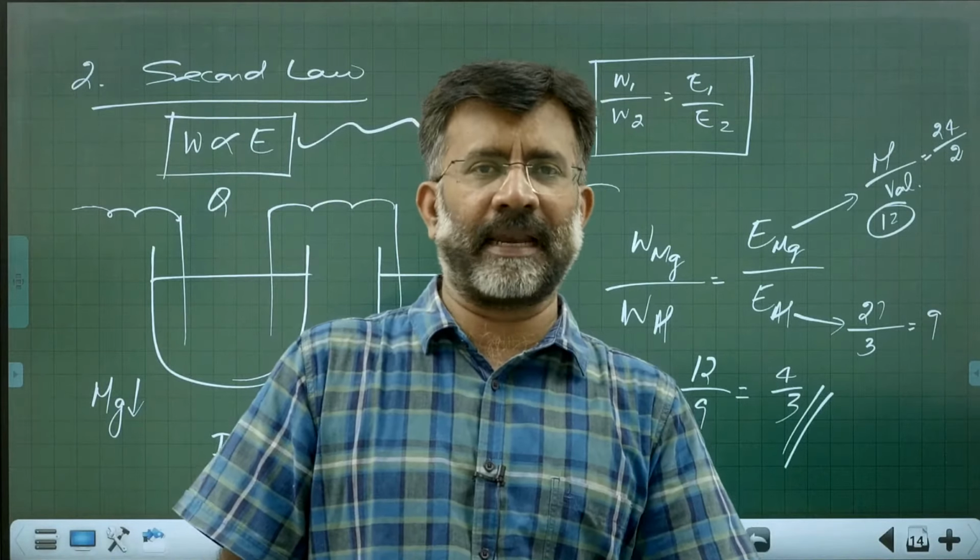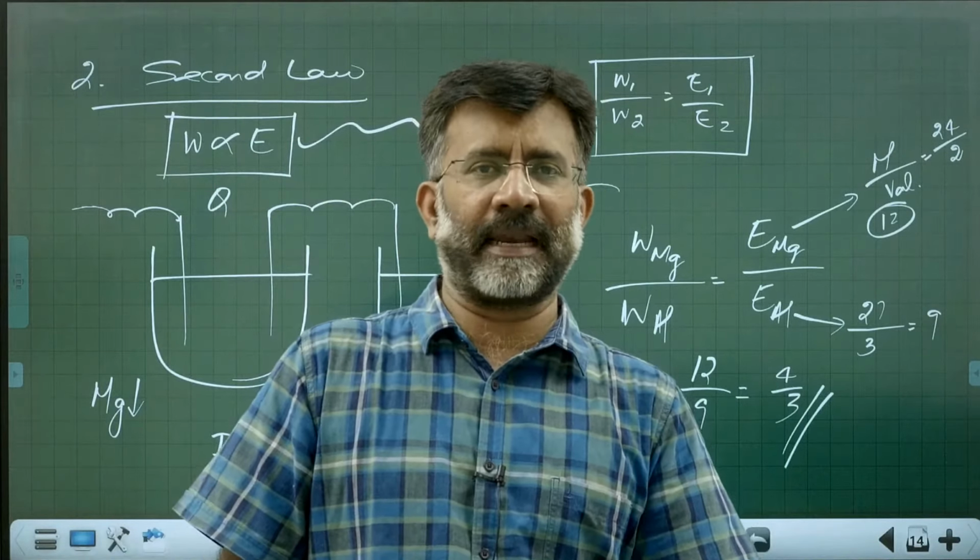So what is used as anode? It is the zinc container that acts as anode. And cathode is carbon, graphite, which is surrounded by powdered manganese dioxide and carbon.